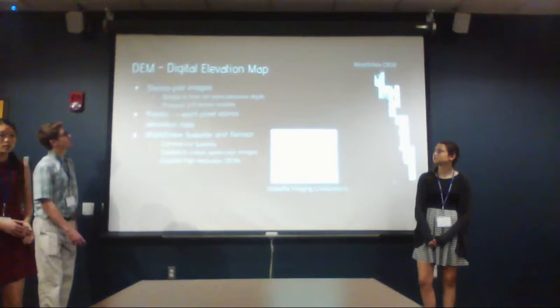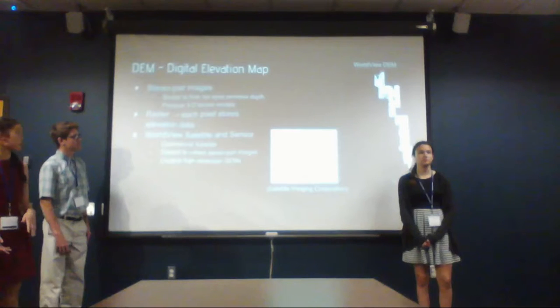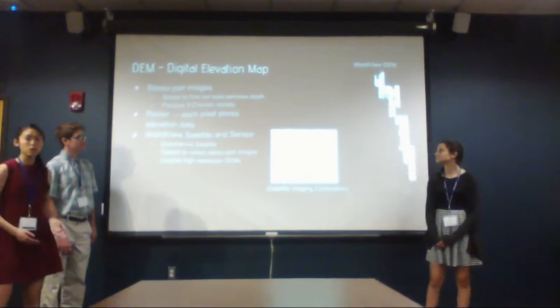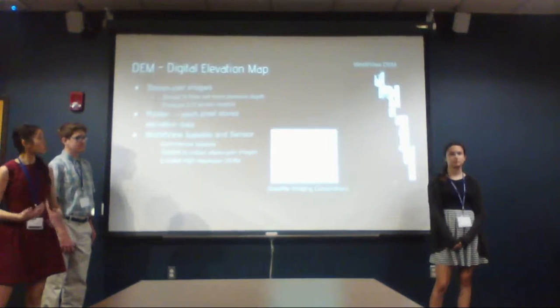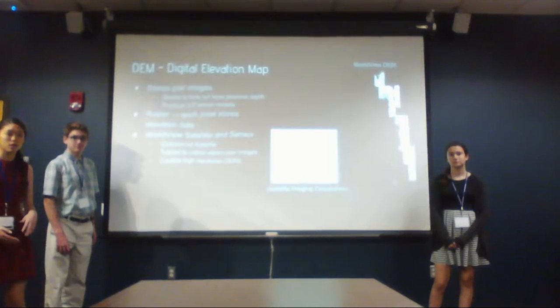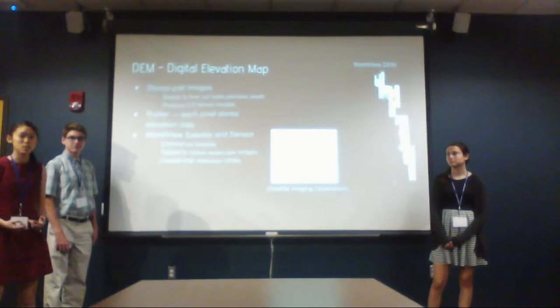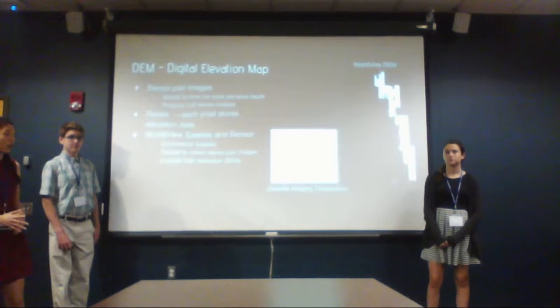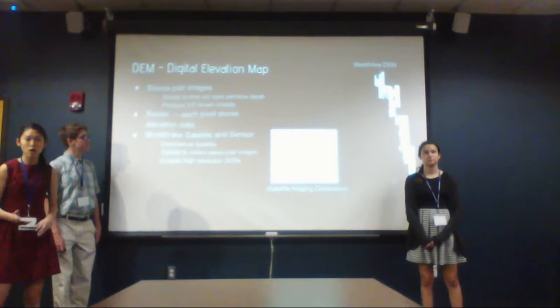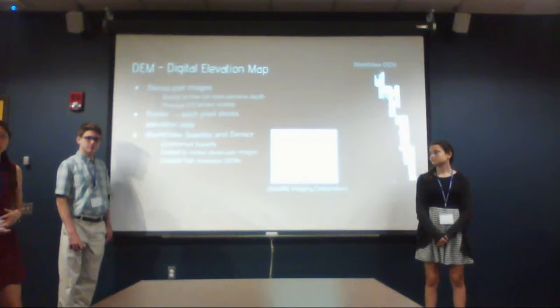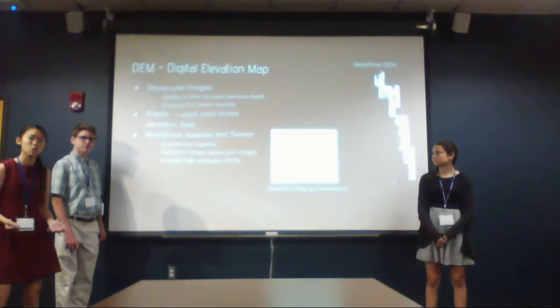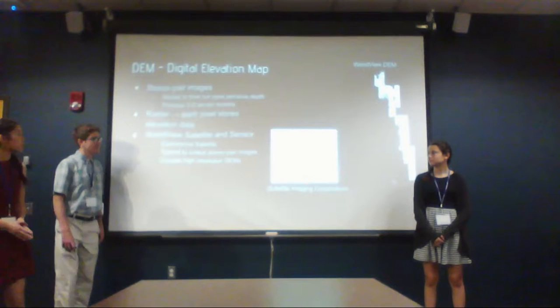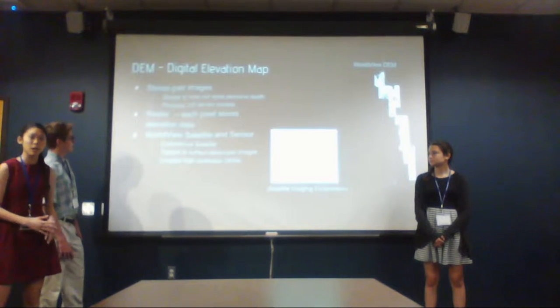So DEM stands for Digital Elevation Model, and this model is generated by using stereo pair images, and it's really similar to how our eyes perceive depth. So basically a camera takes a picture of the target at 2 different angles and then combines these 2 images into one, and this one image displays 3D terrain.